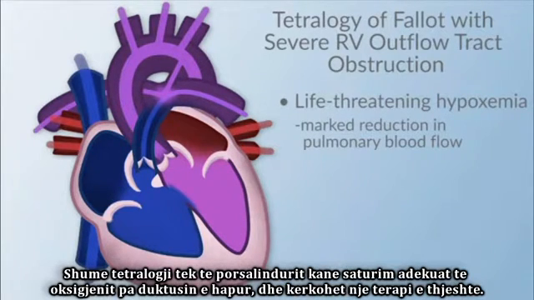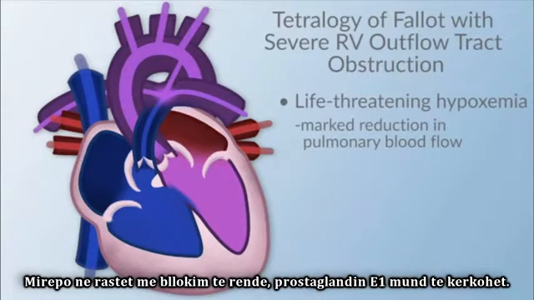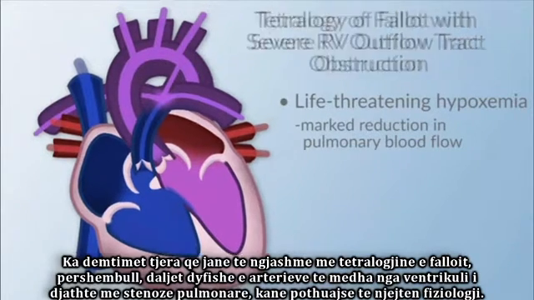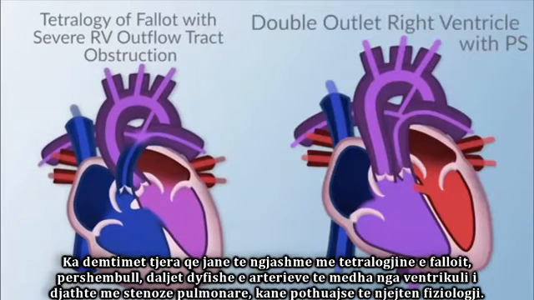Most neonatal tetralogies have quite adequate oxygen saturations without an open ductus and really require very little in the way of therapy. But in the case of a baby with severe obstruction, prostaglandin E1 may be required. There are other lesions that are similar to tetralogy of Fallot, for example, double outlet right ventricle with pulmonary stenosis, that have much the same physiology.